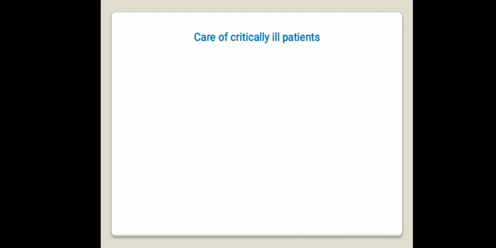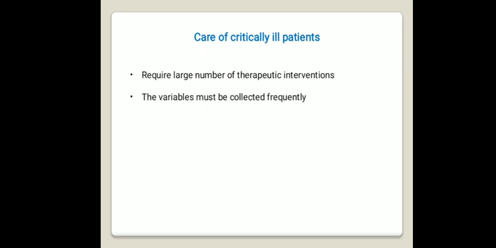Then let's see the use of computers in care of critically ill patients. Critically ill patients require a large number of therapeutic interventions to optimize their chances of survival. For this, the variables must be collected frequently and the data derived therefrom made available to the clinicians and nursing staff.